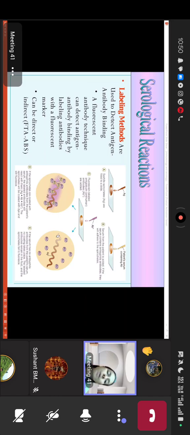This is 100% sure, right? The visible reaction will occur if the antigen and antibody combine with each other. Correct? So this is your labeling method. This is how you label your antibodies or antigens to detect different types of antigens or their corresponding antibodies in the sample.